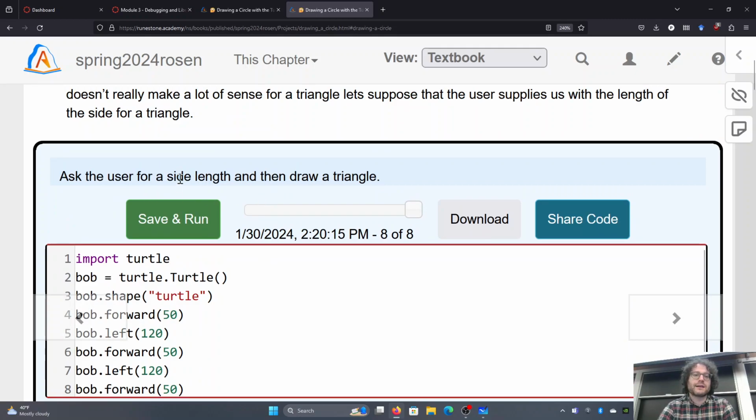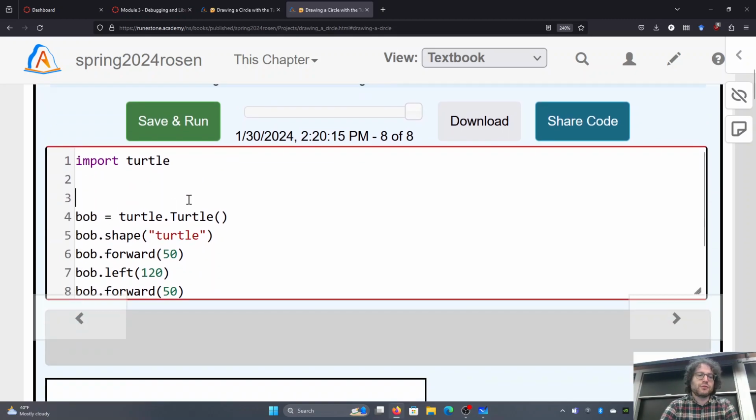Now, we want it to move an arbitrary amount of space. Basically, we want the user to tell us how big it's going to be. So the way we do that is we get the side length from the user. We say int, and then input.